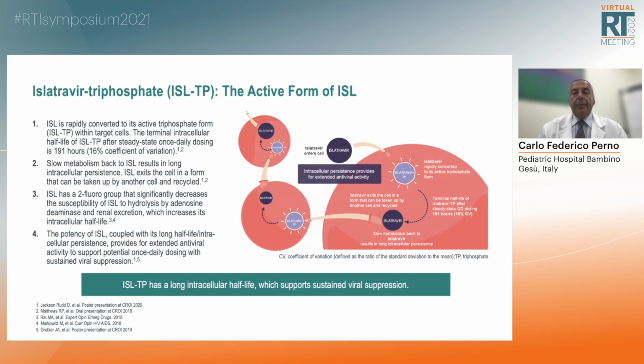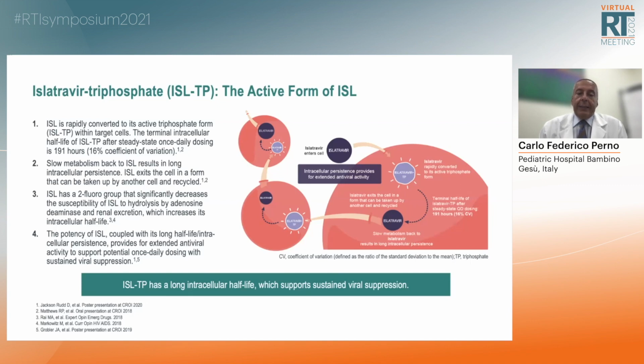As every nucleoside analog, it is converted into the triphosphorylated islatravir form that, within the nucleus, enters within the DNA chain, and the DNA chain is blocked, as we said before, which is the other point that makes this drug very interesting.